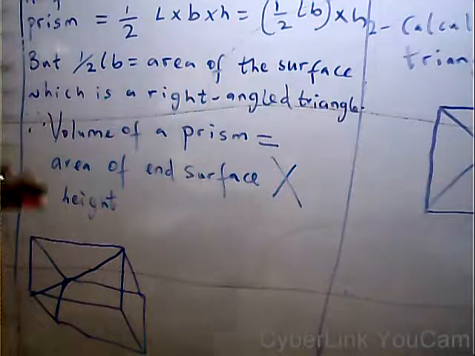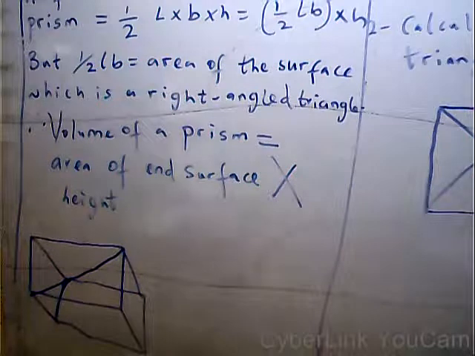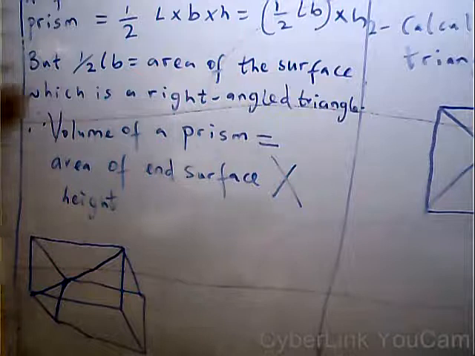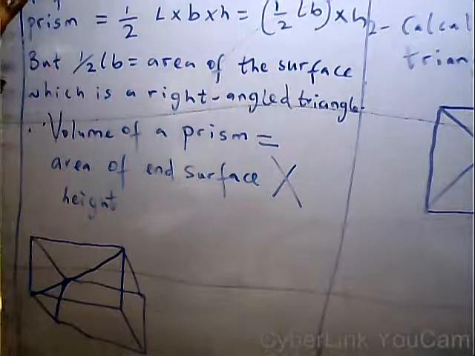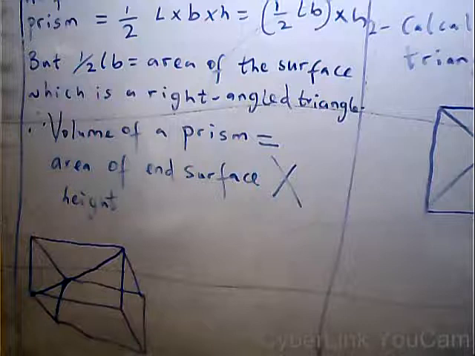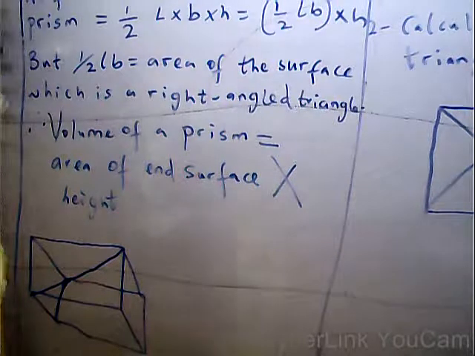If I divide it equally, one part is a triangular prism, and the other part is also a triangular prism. When you bring two triangular prisms together, it will give you a rectangular block. When you divide a rectangular block, it will give you two triangular prisms. That's what we call a triangular prism.